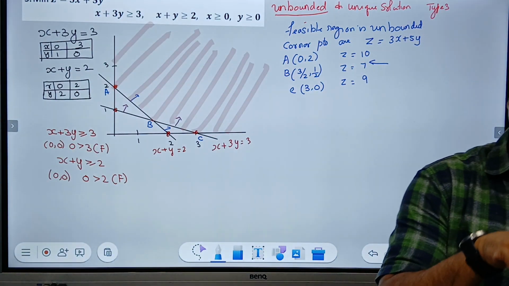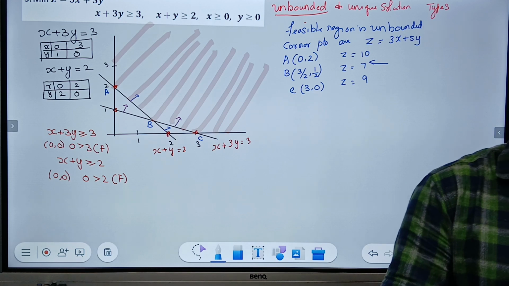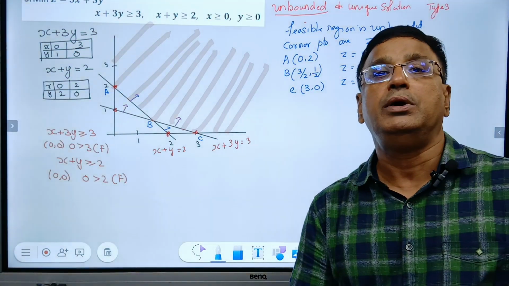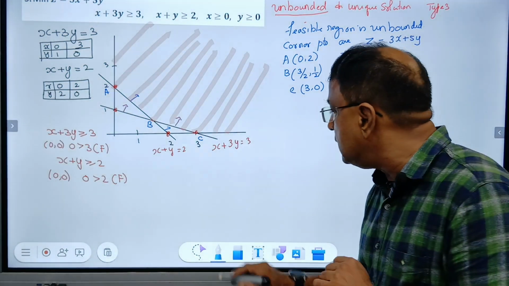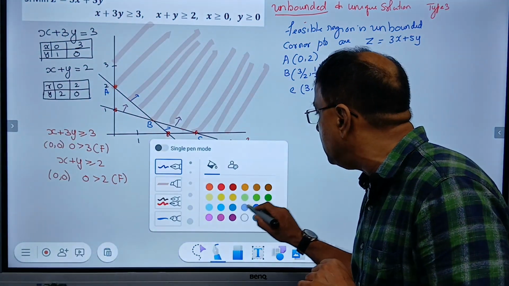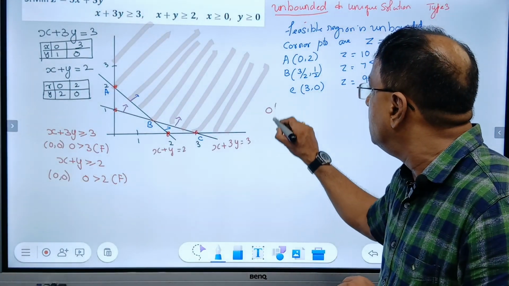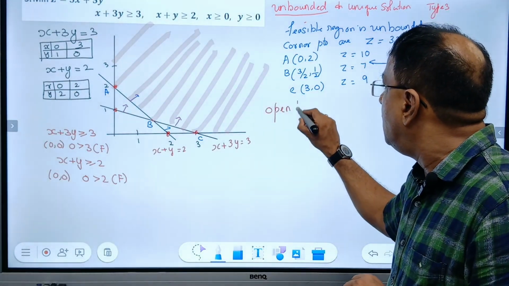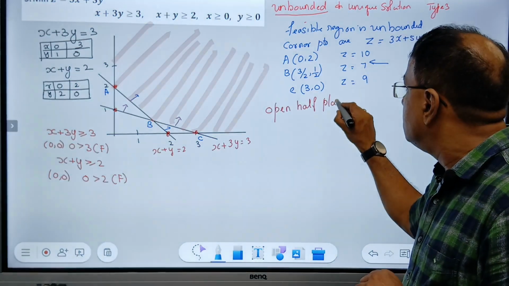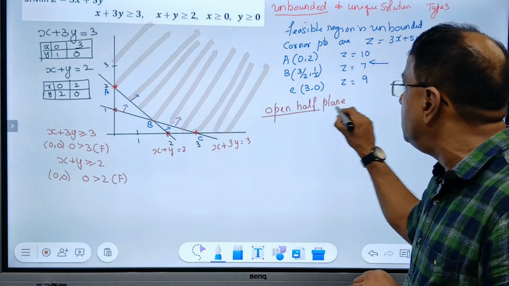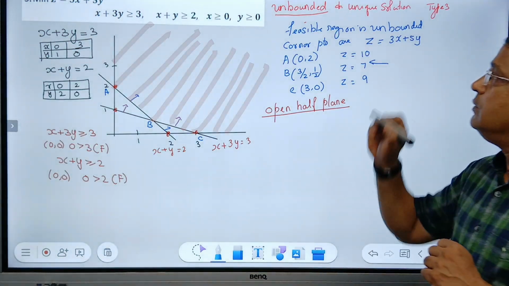So you have to check whether it is the minimum value or not by constructing something called the open half plane. So this is a very, very important step. Many students forget this in the exam. Open half plane.